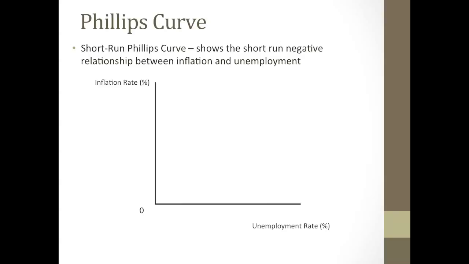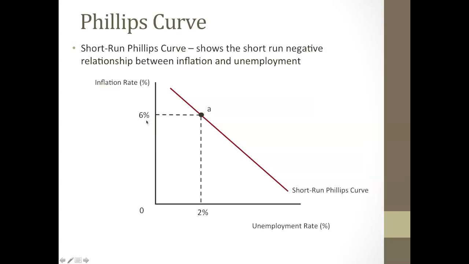What we know from this principle is that when inflation is at a high level, let's say 6%, unemployment will be very low, let's say 2%. Again, this is an inverse relationship between inflation and unemployment, so it creates a downward sloping curve, as you can see on the graph. One more time, when the inflation rate is high, that is, when prices are high, we can expect unemployment to be low.